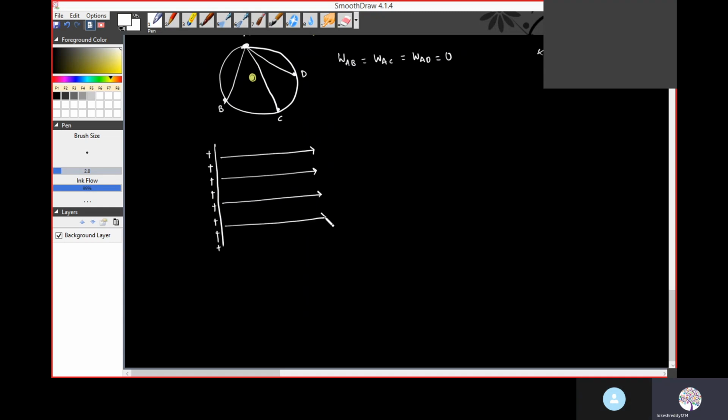If you take a point here, let this point be A. Now let us take that this charge is positive. If this is positive, it will be repelling this positive charge, right?